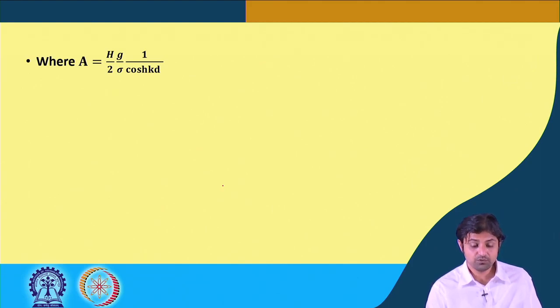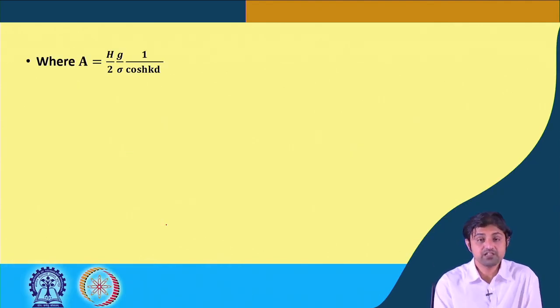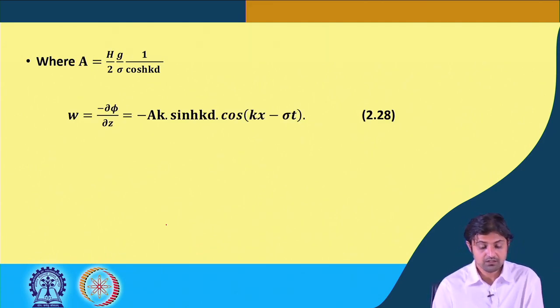Where capital A is h by 2 into g by sigma divided by cos h k d, and W is also minus del phi by del z, that is minus A k sin h k d into cos(kx minus sigma t).